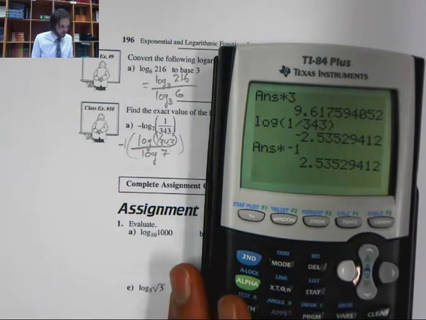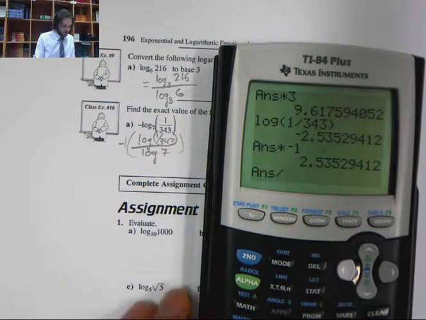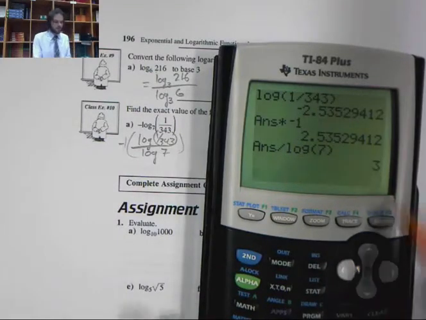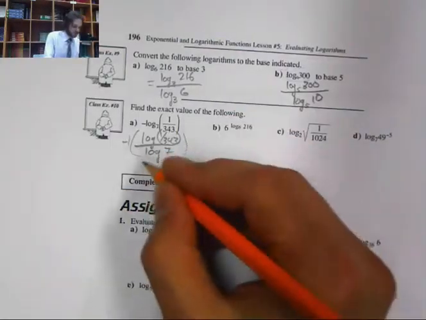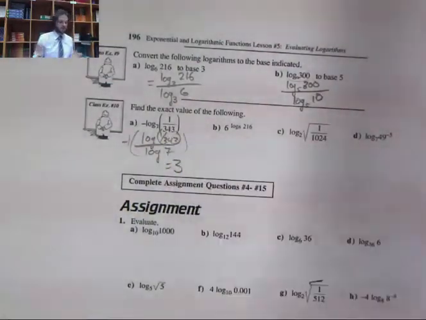That shouldn't be it, that should be 3, I made a mistake there. And we have to divide that by log 7. That gives 3, because 7 to the power of 3 is 343.